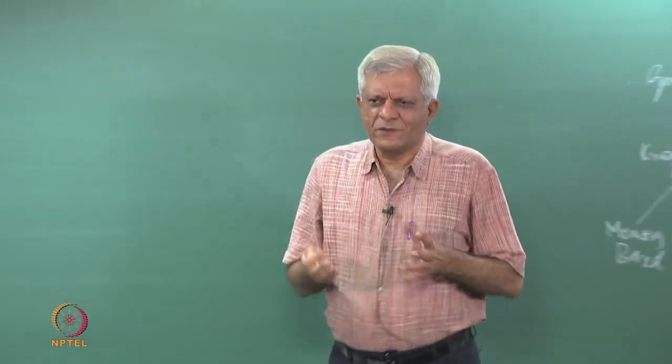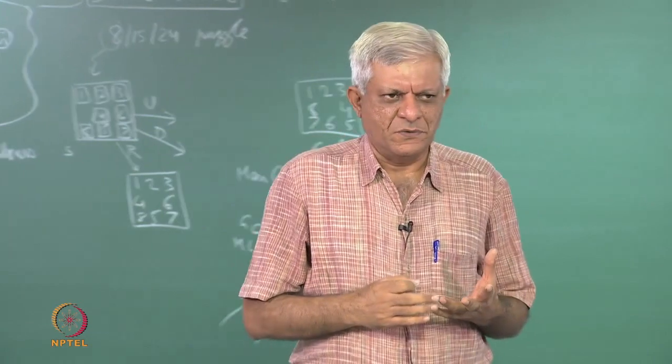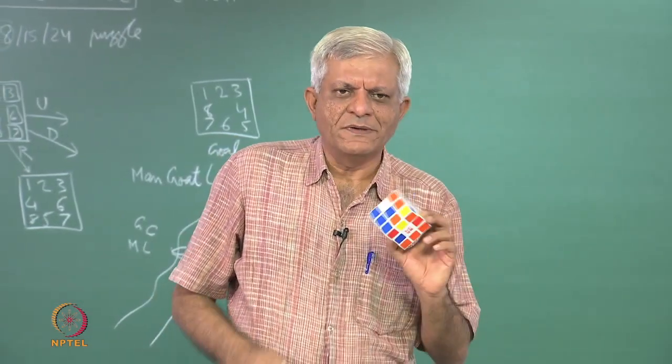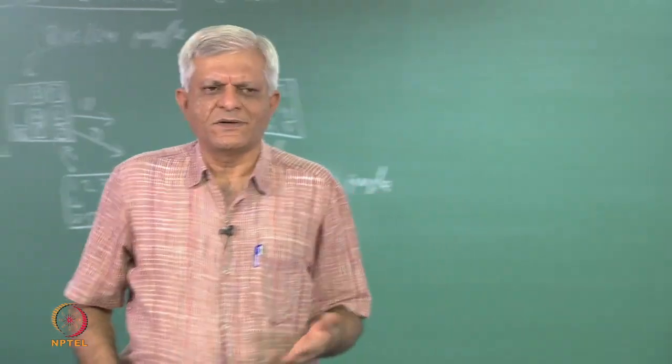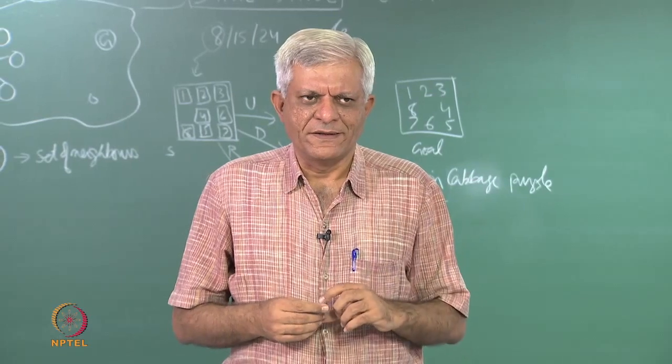The algorithms that we are going to look at should not depend upon the domain that we are trying to solve the problem in. So, it could be the Rubik's cube, or it could be one of these puzzles, or it could be a scheduling problem, or it could be something different essentially.